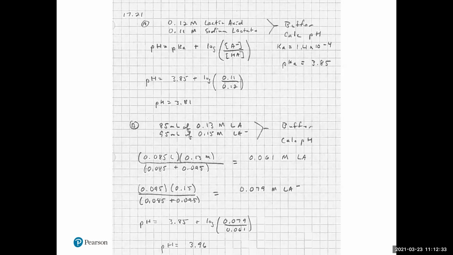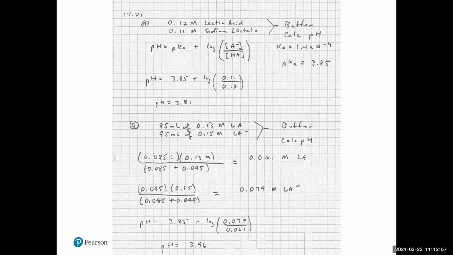We have a buffer solution, and we want to calculate the pH of it. So we can use the Henderson-Hasselbalch equation. That's pH equals pKa plus the log of the anion concentration divided by the acid concentration. We know the acid concentration is 0.12 molar, so that goes in the denominator.